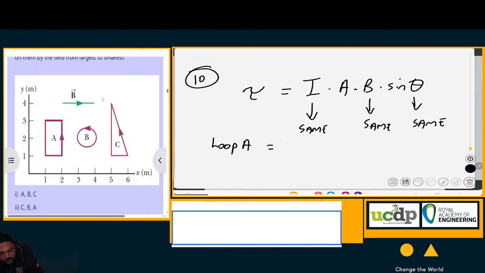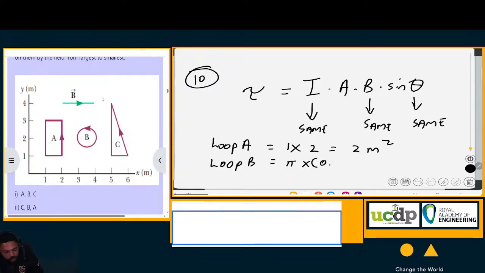So let's calculate the area for loop A. That is the rectangle. So it is 1 meter by 2. So that is 2 square meters. Now for loop B, the area of that circle is pi r squared. What is the radius there? It's from 3 to 4, so it's a half.